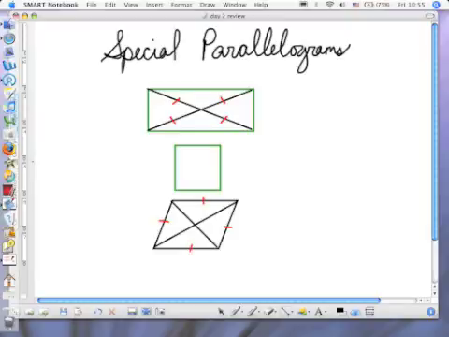They make perpendicular angles. They're perpendicular to each other. They're still bisecting each other. They're not equal to each other, but they are perpendicular, forming 4 right angles. Do they bisect the angles? No.